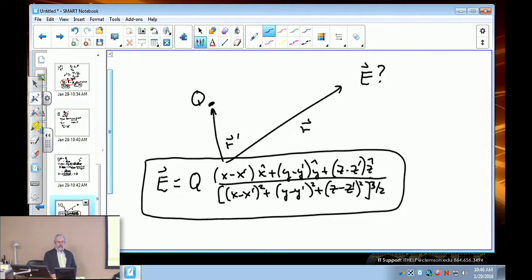If I put 3 or 4 charges in there, and then you want to figure out what the electric field is, it can be a bit of a challenge because there's a lot of x's and primes and signs and stuff, right? So you need to practice that and make sure you can trust the recipe. The recipe will get it correctly, regardless of whether the charge here is positive or negative and so forth, as long as you make sure that you get these things right. Okay?